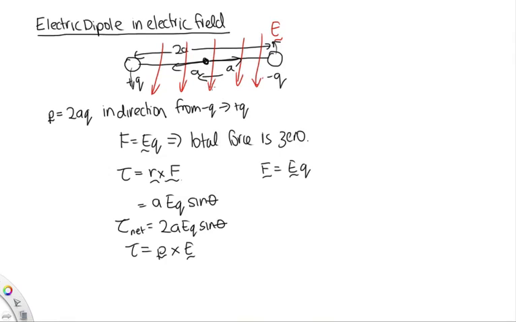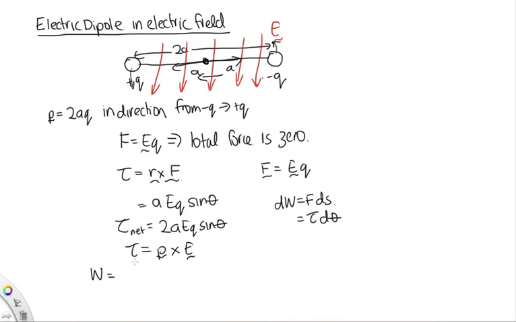And now there is energy associated with this. We know that the work done is equal to the force times the distance, but we also have work done when we have a turning force or a torque, and the work done by a torque is equal to torque times d theta. And so we know that the work done when we put a dipole in an electric field, any work that we do on it, is going to result in energy being stored in our electric dipole.